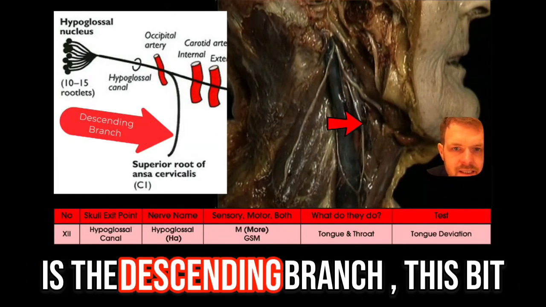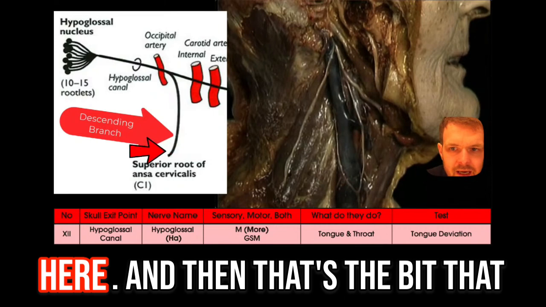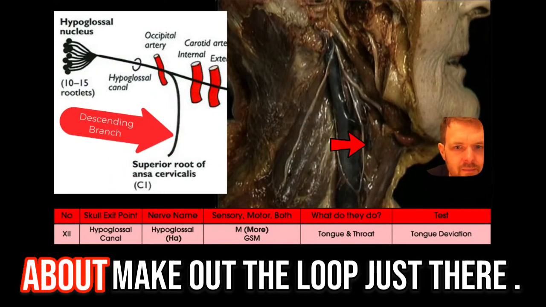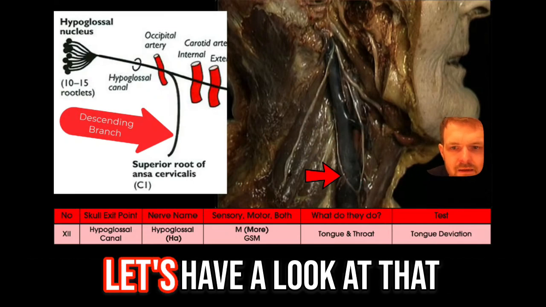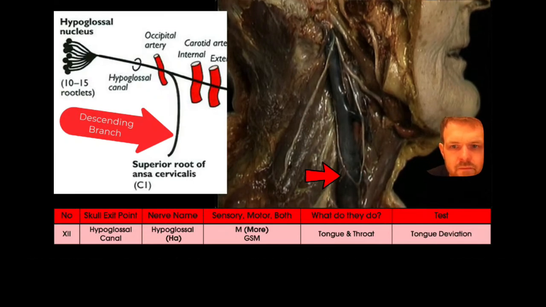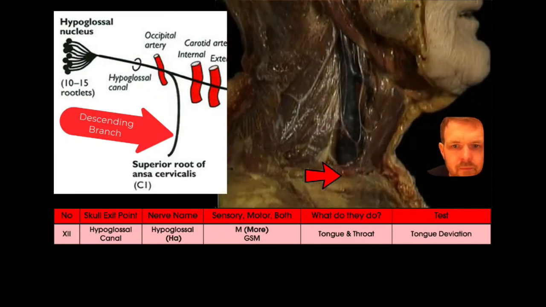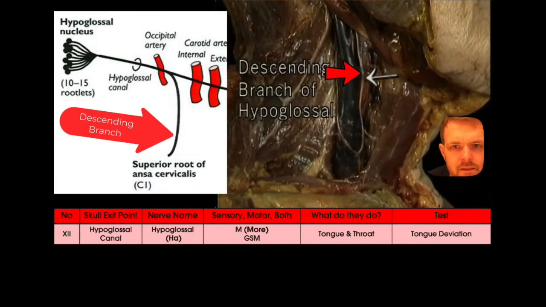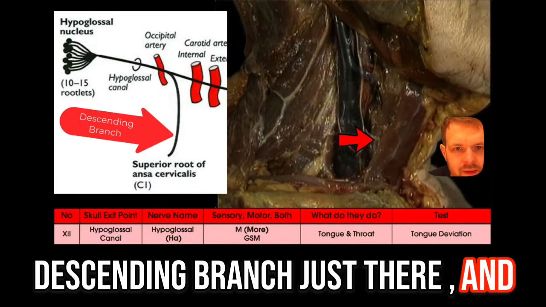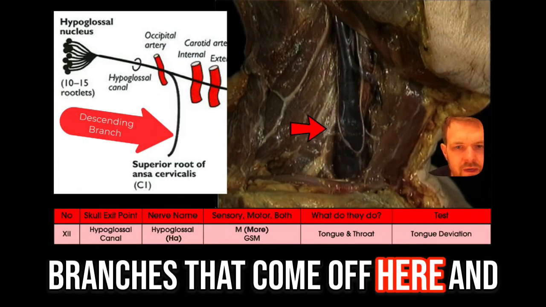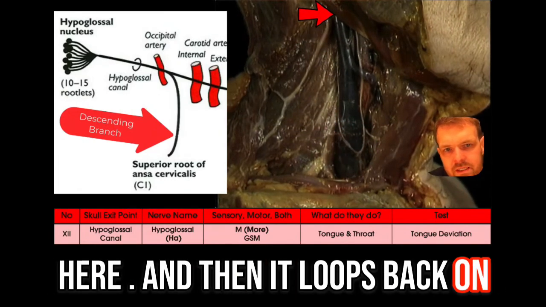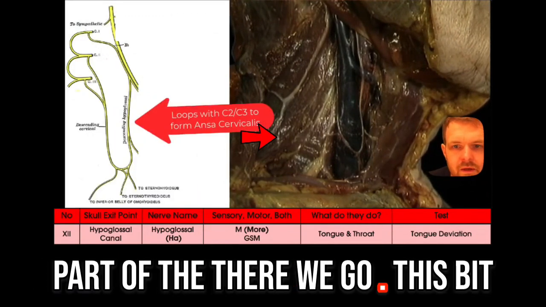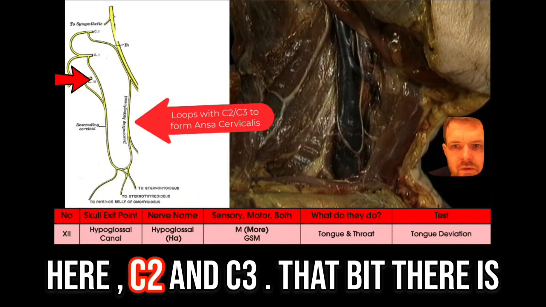And this is the descending branch, this bit here, and then that's the bit that creates this loop. And you can just about make out the loop just there. And let's have a look at that. There's the jugular vein, descending branch just there, and then there's a couple of little branches that come off here and here, and then it loops back on itself and then attaches up into another part of the, there we go, this bit here, C2 and C3.